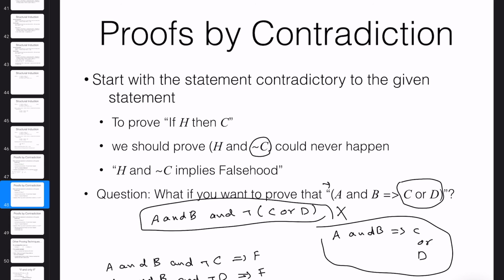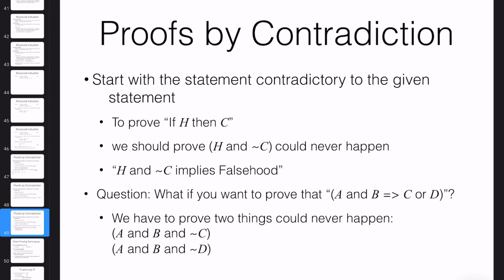So if you have a statement like this to prove, you have to prove two things. A and B and not C is false, and also A and B and not D is false, or reaches a contradiction.